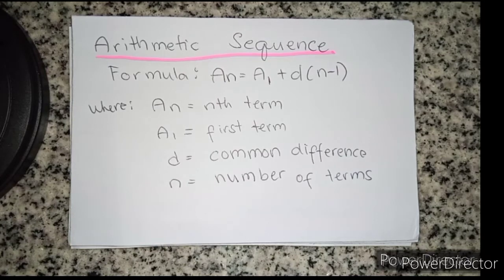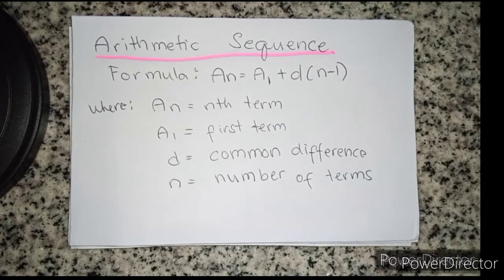The a sub 1 means the first term. The d is the common difference of the terms, and letter n is the number of terms. So we're going to use this formula to solve a set of sequence.